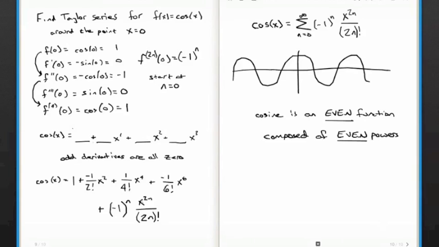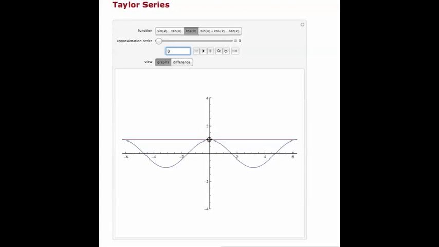So maybe I'll highlight that in green. Here we have this even function, and here we have these even powers. So that turns out to be pretty cool.